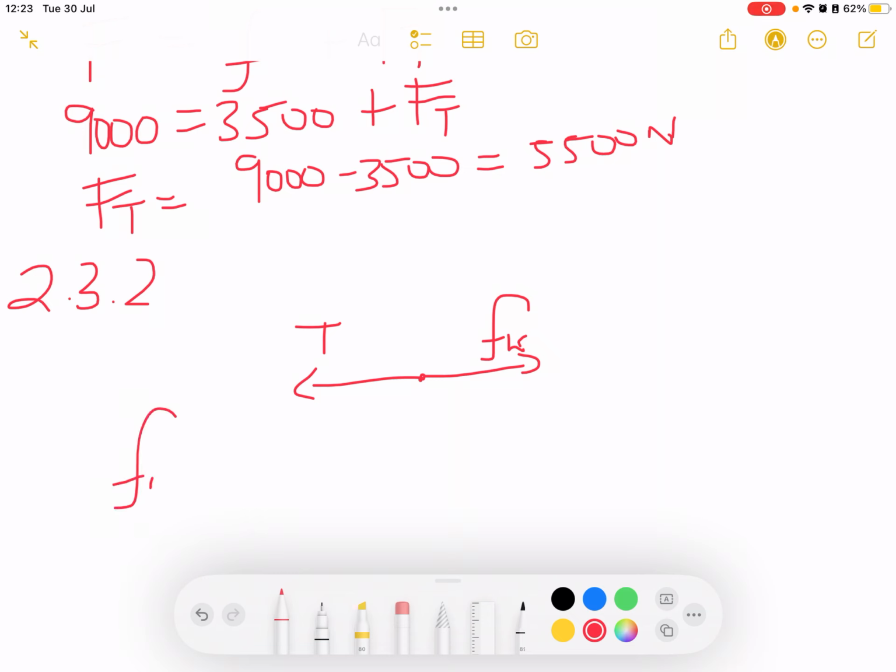But we know that kinetic friction is given by mu k N. And in this case, the N is given by Fg, which is mass times gravity. So this is mu k mg. Now, tension is going in the positive direction, and friction is going in the negative direction, as we have stated above.